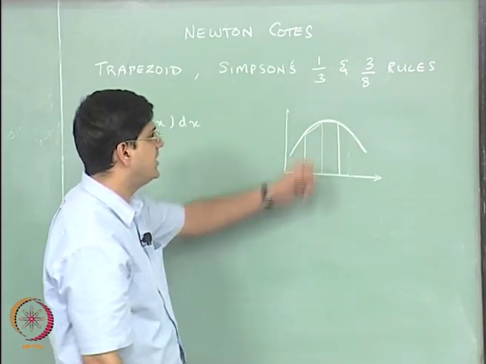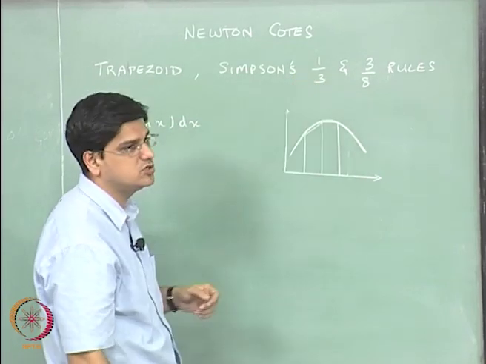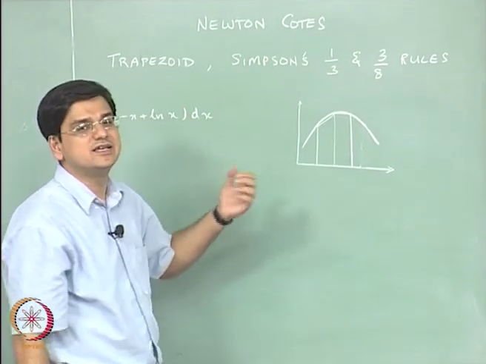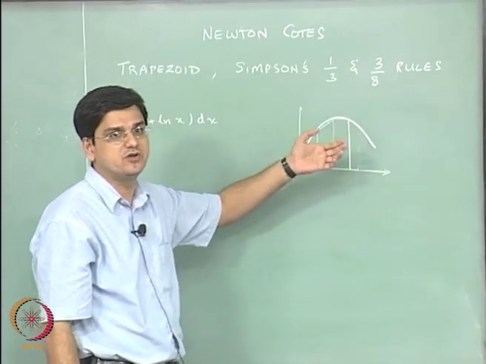We compared the results of the trapezoidal rule with the application of Simpson's 1/3 rule, and we saw that two applications of the trapezoidal rule give less accurate results than one application of Simpson's 1/3 rule.